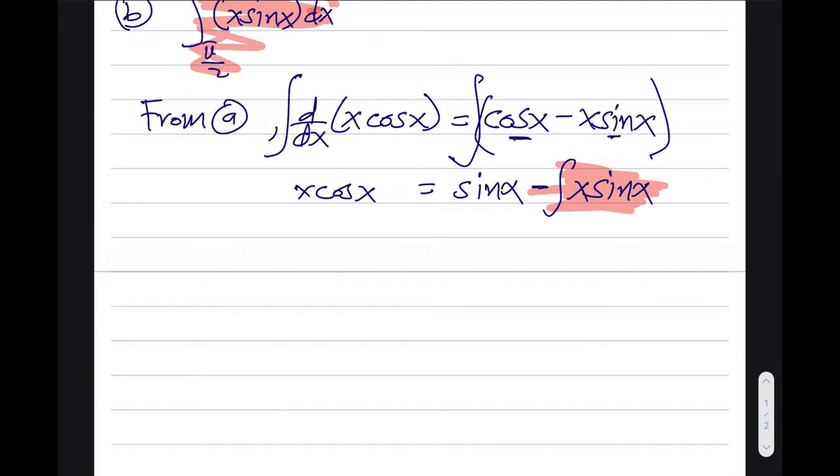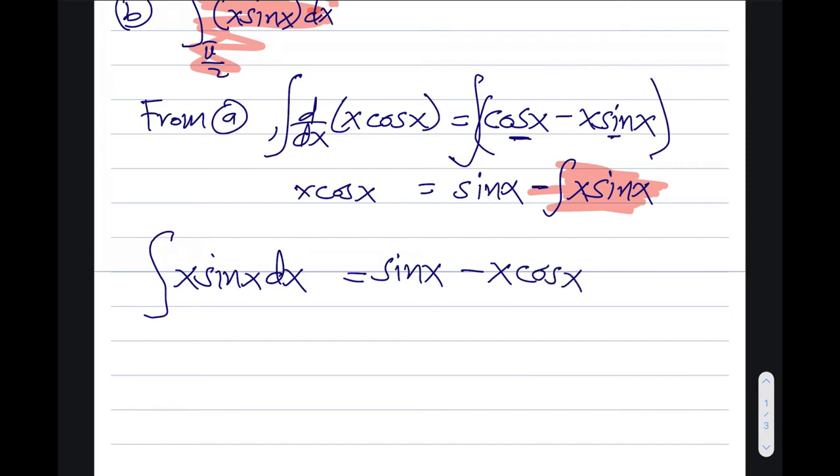All right, so let's wrap this thing up. Let's make the sign of the integral of x sine x positive, because it's now negative. So let's make it positive. That would mean that the integral of x sine x dx will be equal to sine x minus x cos x.